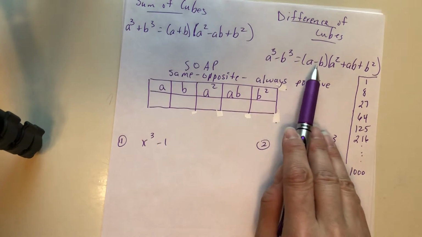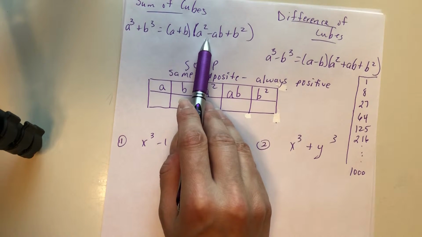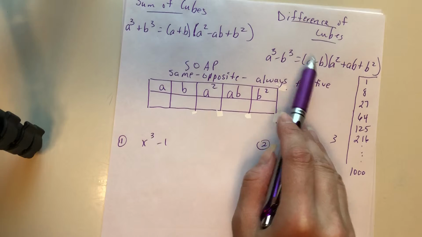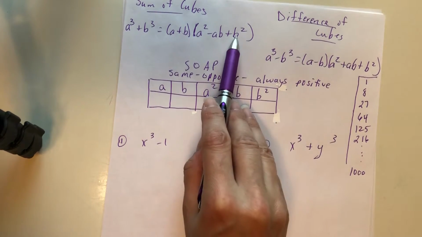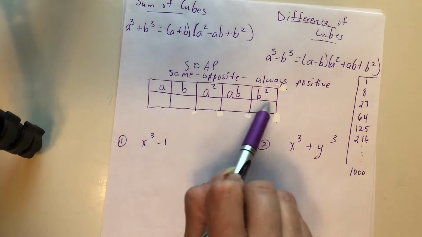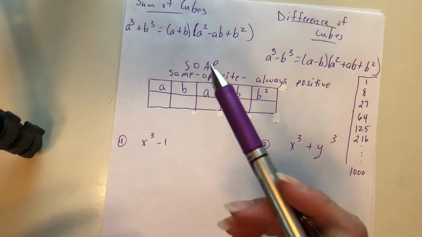Started out with a minus, we got a minus. The next sign is going to be the opposite. It's going to change signs in front of the ab in both of them. So it went from positive to negative, negative to positive. And then the last term is always positive. So we're going to do a little table to help us keep it straight, and then we're going to practice several of them until we get the hang of it.